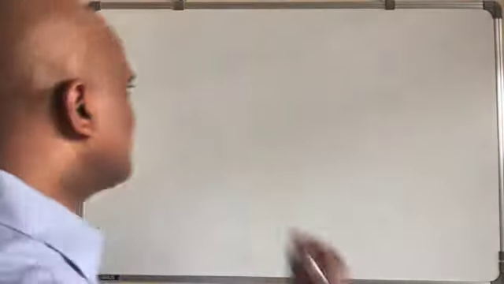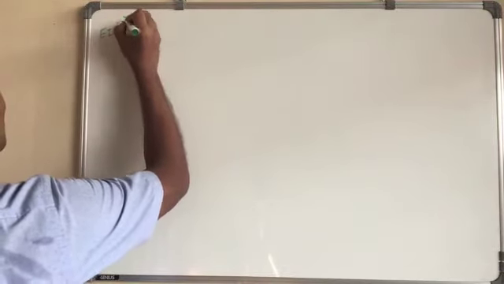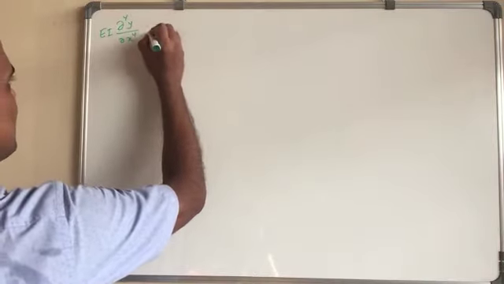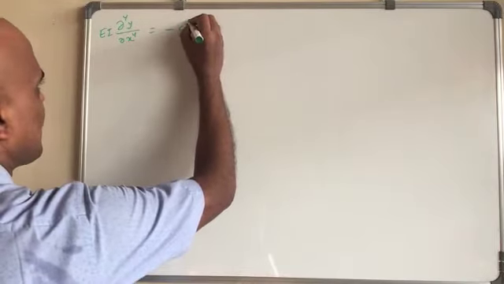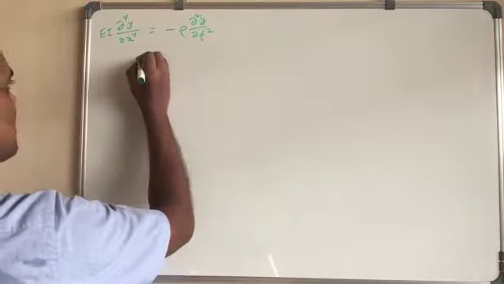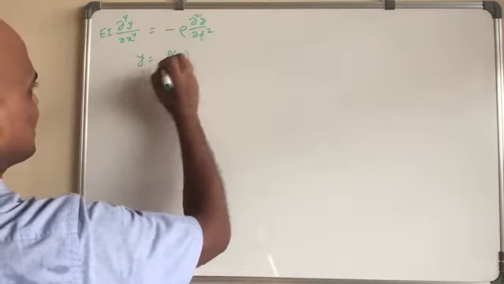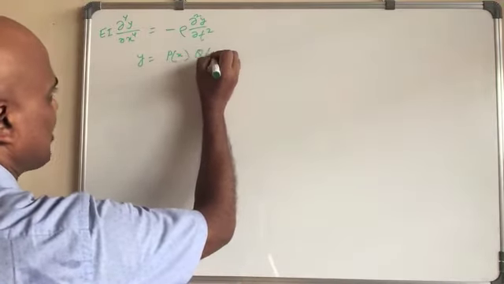The equation we used yesterday was EI ∂⁴y/∂x⁴ = -ρ ∂²y/∂t². Then we assume y equals the product of 2 functions p and q, where p is a function of x only and q is a function of t only.